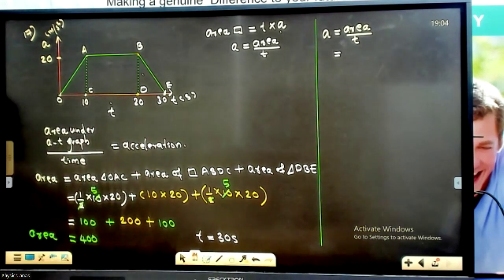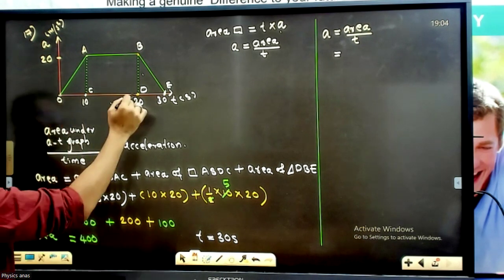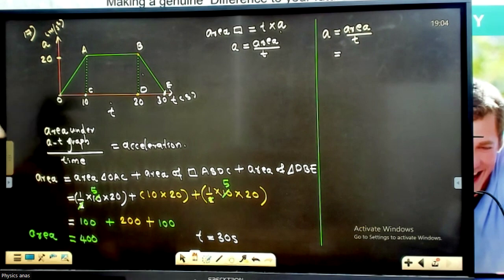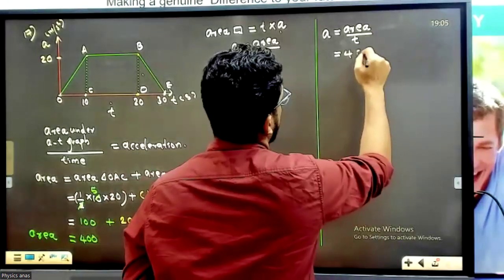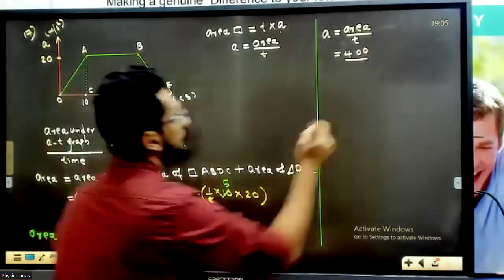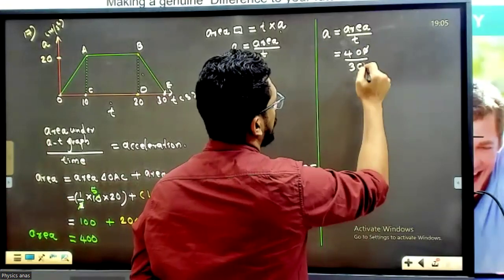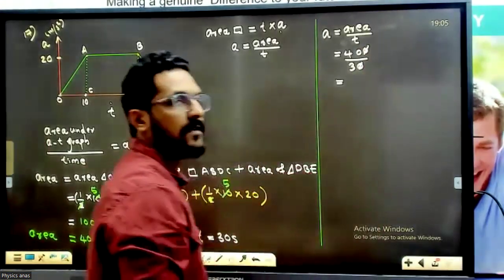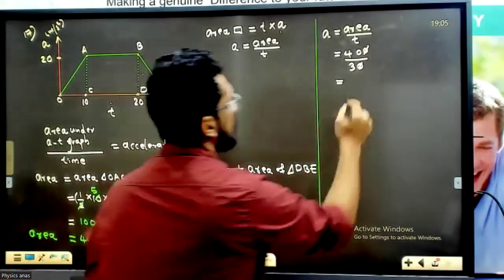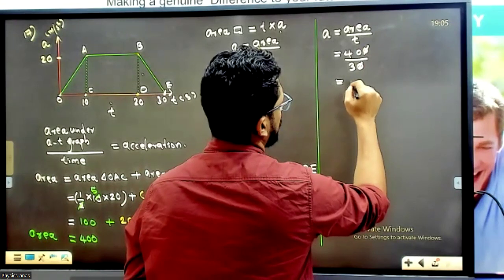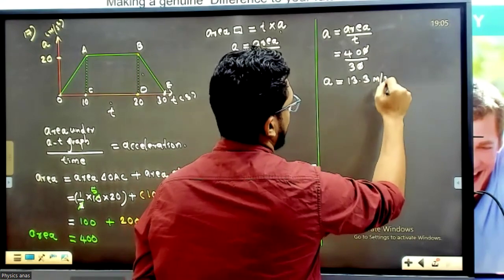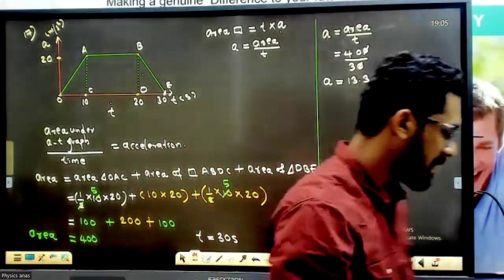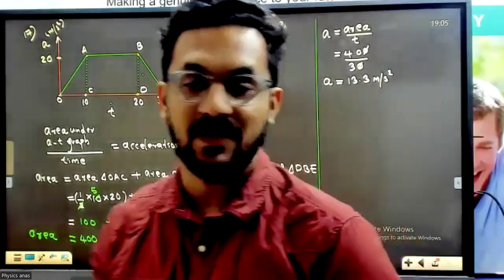If it is asked for 20, you can take the area up to 20 and divide it by 20. So the area is 400 divided by 30, which is 40 by 3, that is 13.3. That's the acceleration, 13.3 meter per second square.